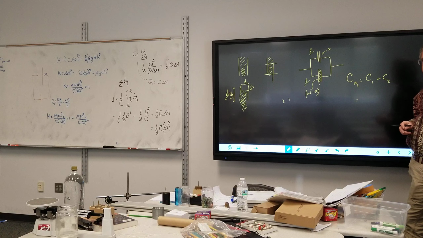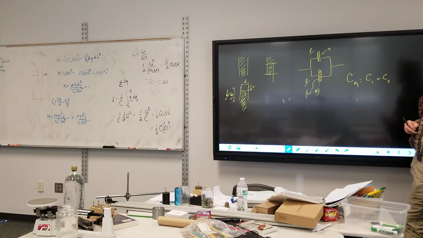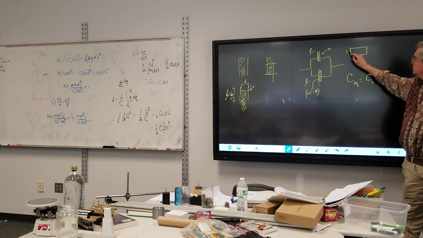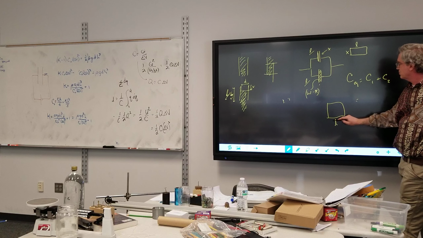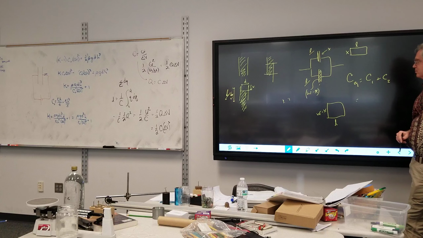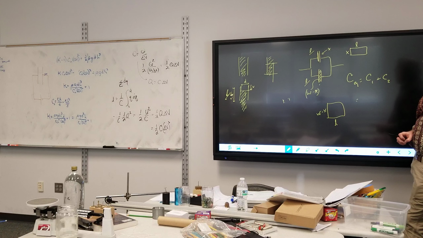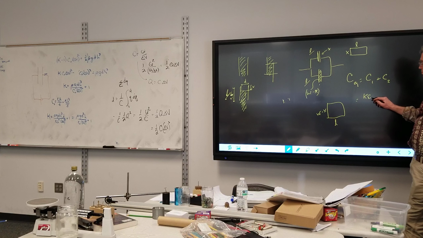What's the capacitance here? The parallel plate capacitor formula: kappa epsilon sub naught, and then area over distance.